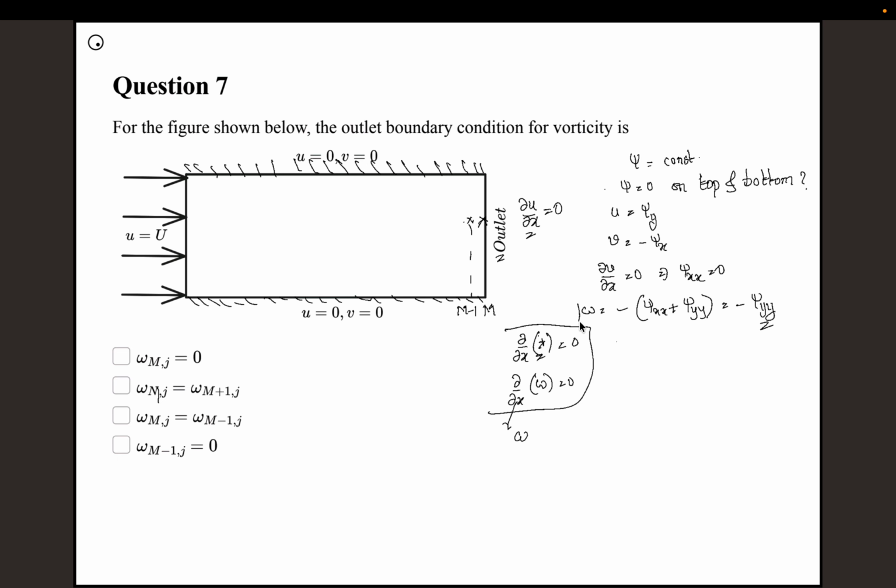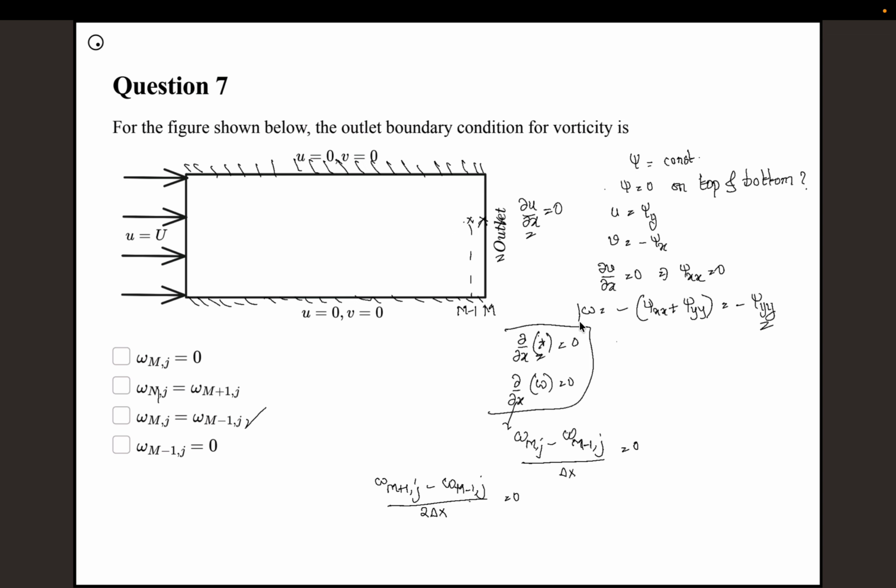So from this we can write this with the first order approximation, and then we can add a ghost note here and say from there that omega of m plus 1 minus... and from there we'll get omega m minus 1, and we can substitute that back here.